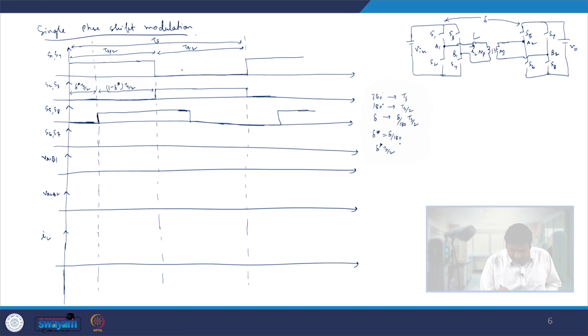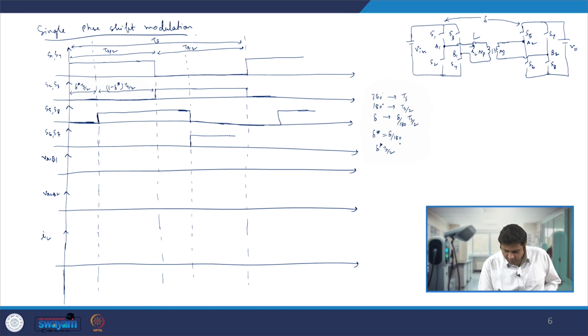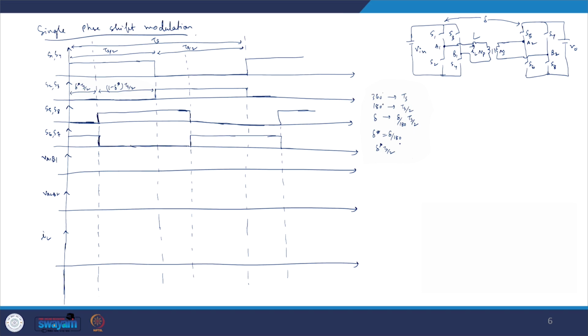If we take this point, my S6 S7 is on, and it will turn off at this point, and here it was on, and then it goes 0 like this.